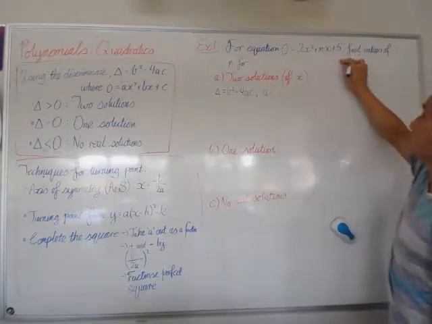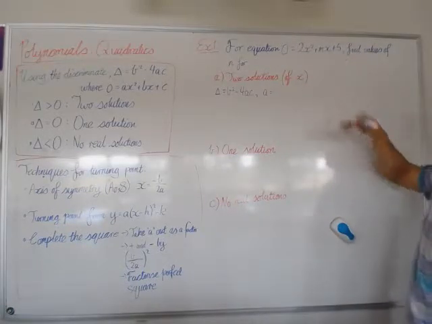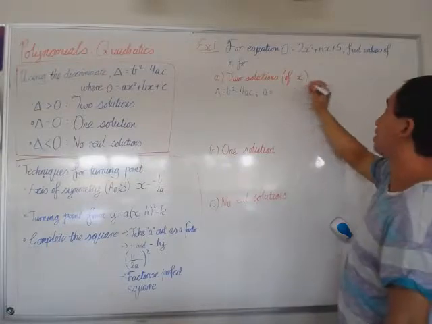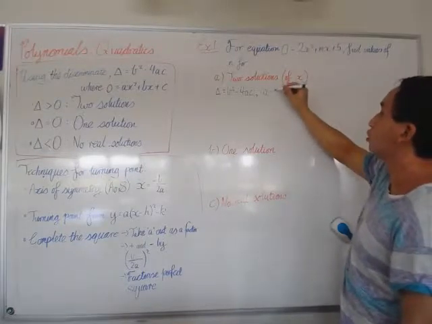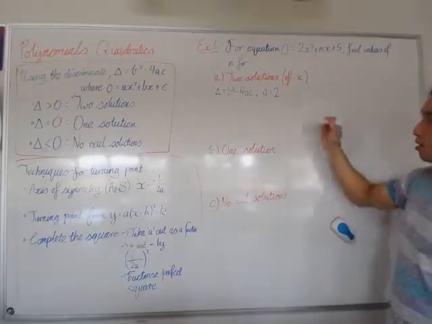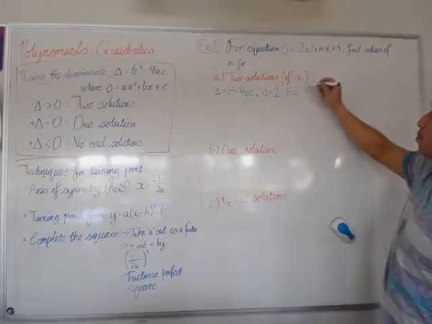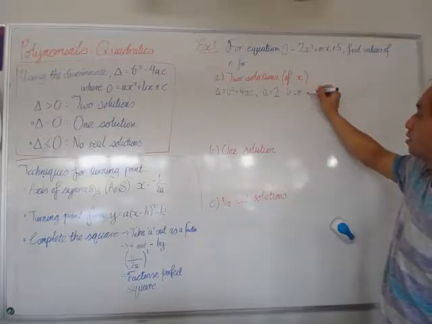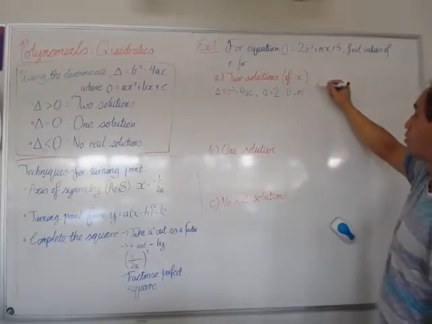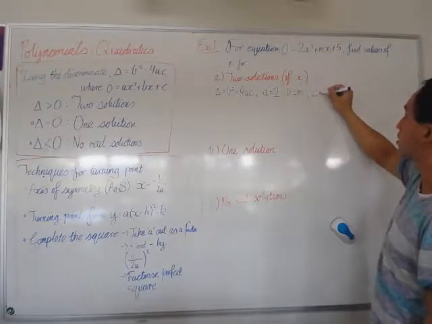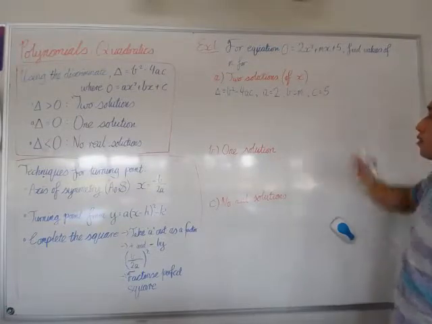Now, our equation is already in standard form. So this means we have a equal to 2, the coefficient of x squared. What's our coefficient of x? Simply m by itself. And we have our constant c equal to 5.